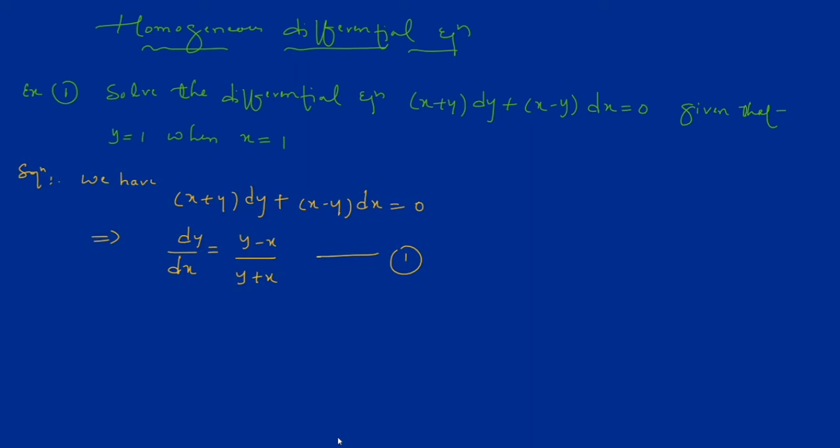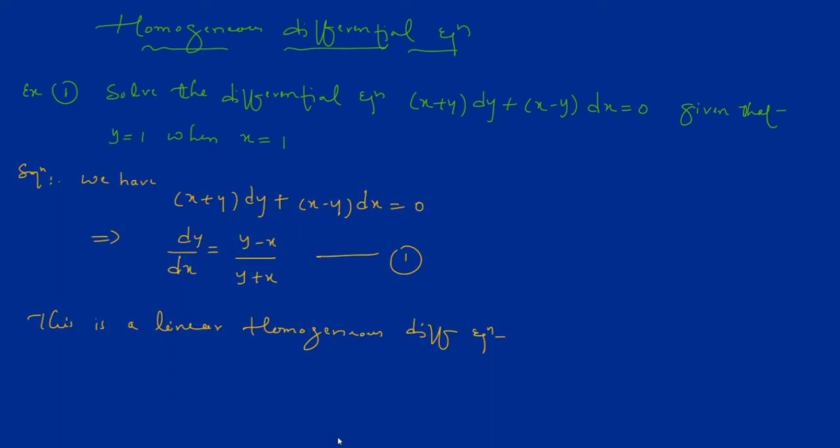Now this is a linear homogeneous differential equation. How is it a homogeneous differential equation? The numerator is of degree 1 and the denominator is also of degree 1.